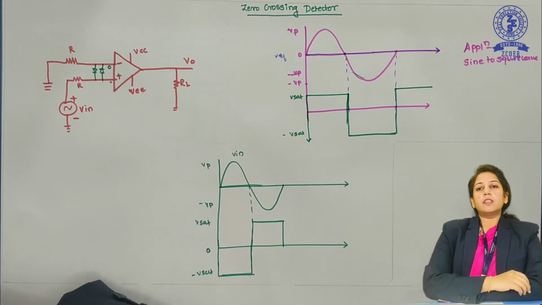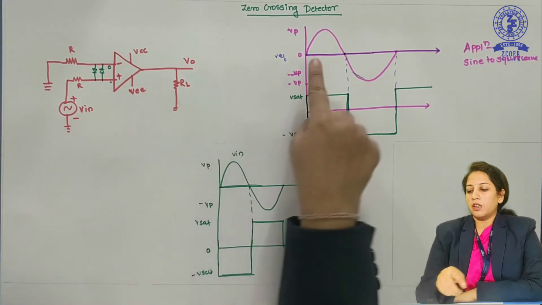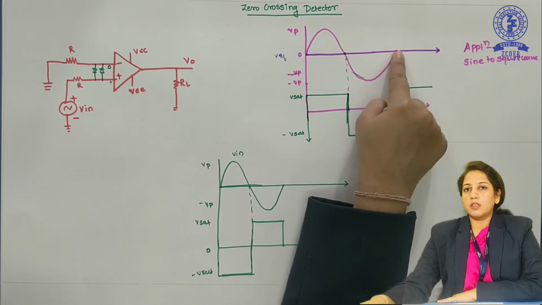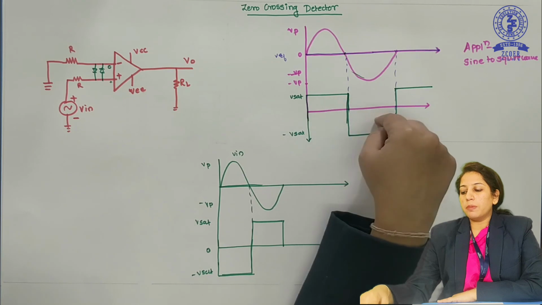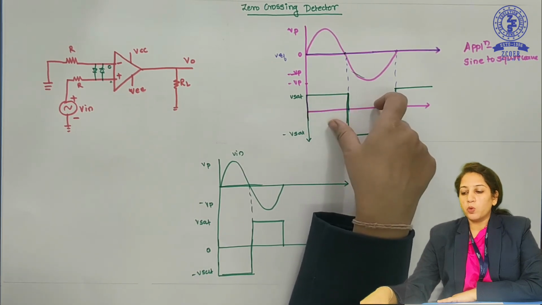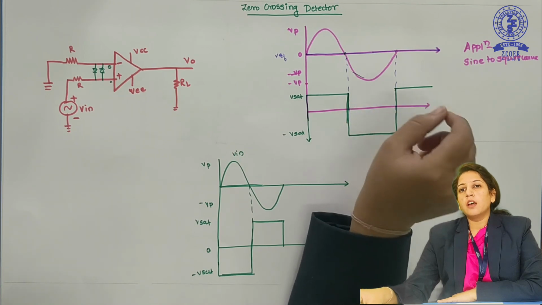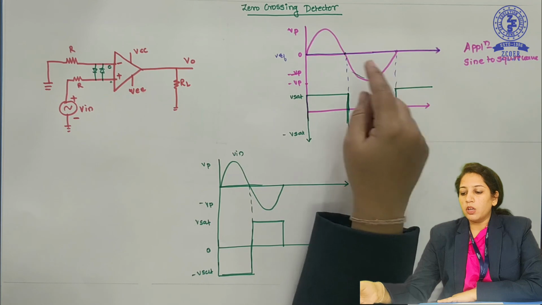Now the problem in this ZCD is, suppose my input frequency is very low. Then the output switching time will be more.